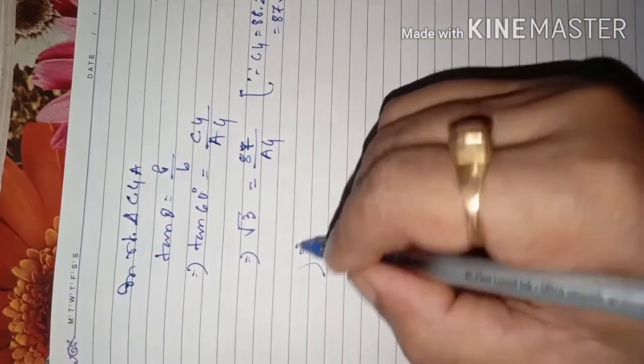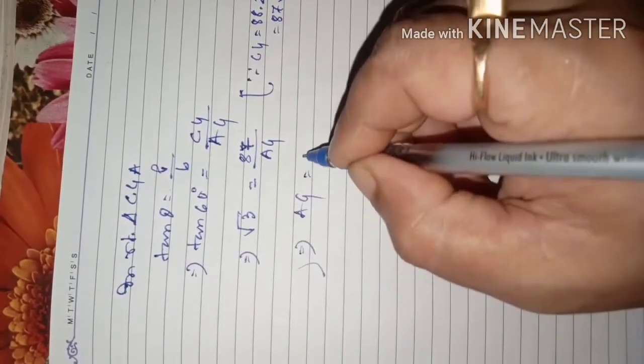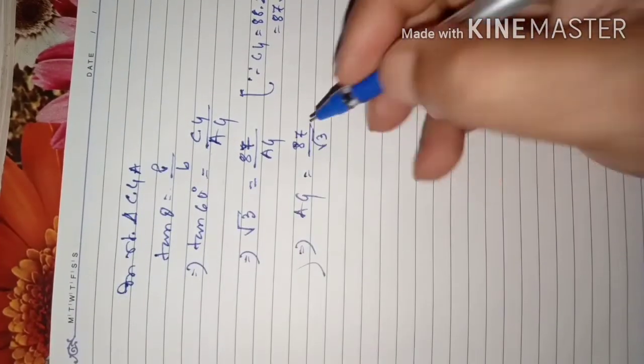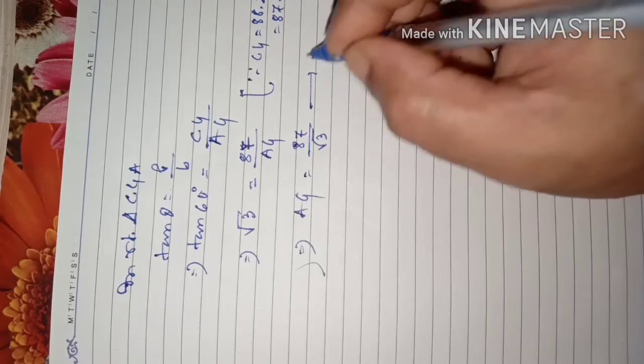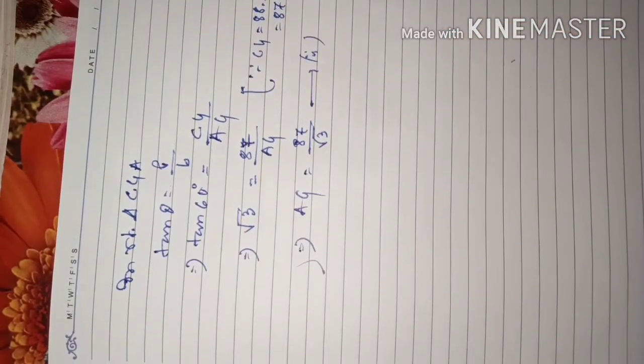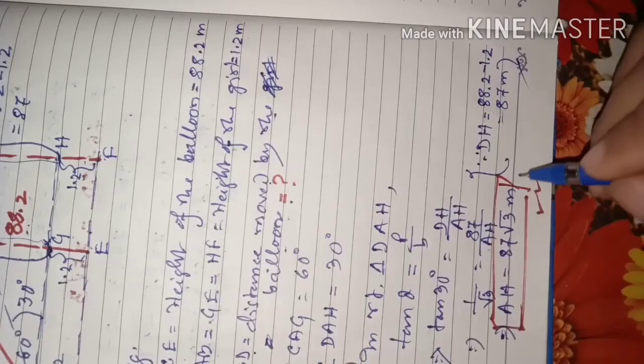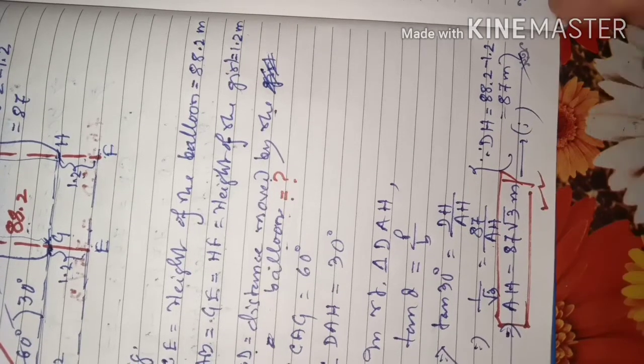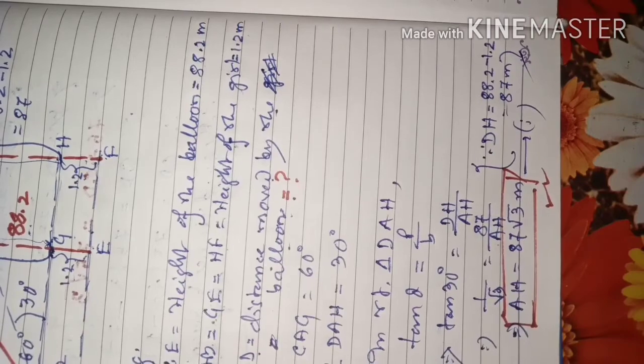So from here AG is equal to 87 by root 3. So this is AG, number it as 2. Previously we got equation 1, where there is AH. Now we got AG.